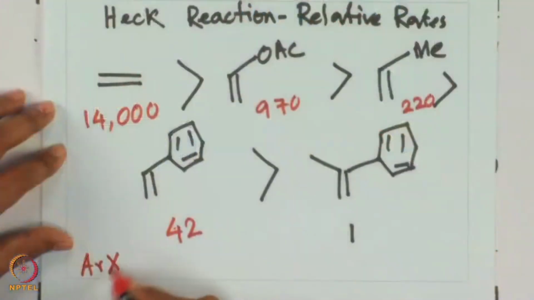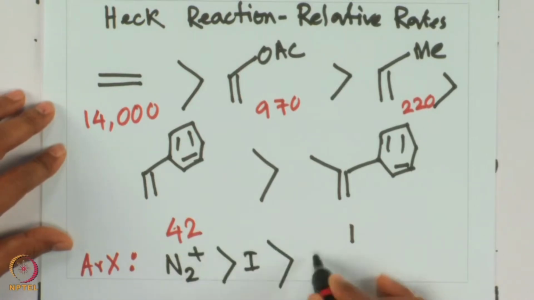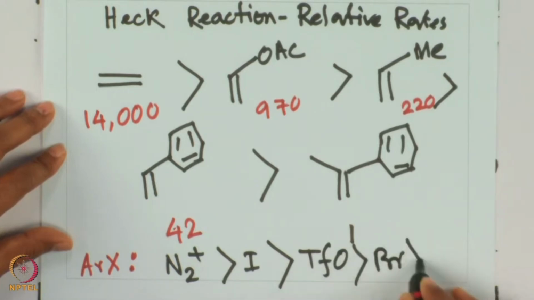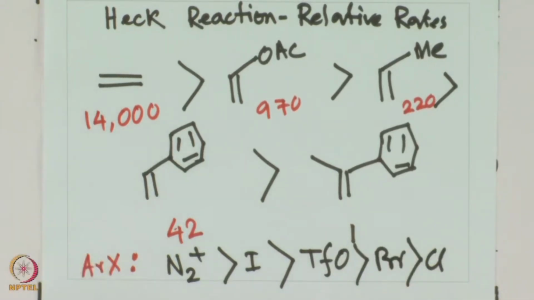With respect to aryl halide, or ArX for example, what we see is diazonium salts are most reactive, then iodo, then triflate, then bromo and then chloro.